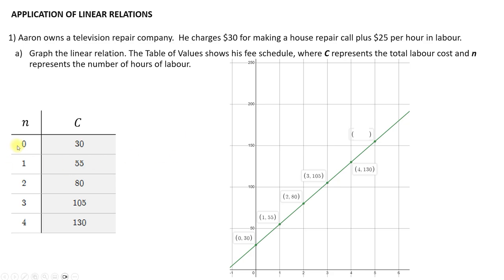So we can see that at 0 hours, the cost is $30. And this is because Aaron charges an initial cost of $30 just for showing up. So even before any job has been done, any work or any labor has been performed at all, he will be charging $30 just for showing up at your door.